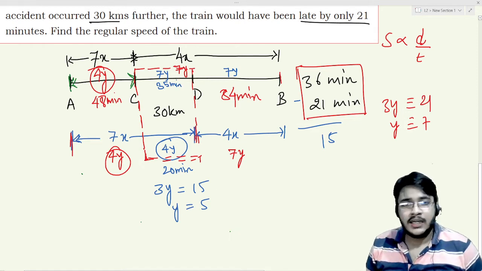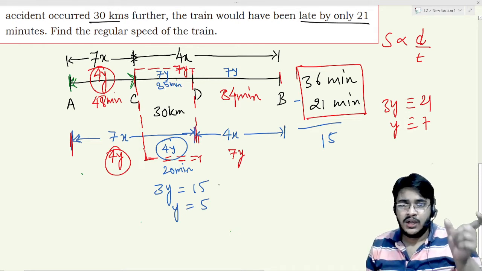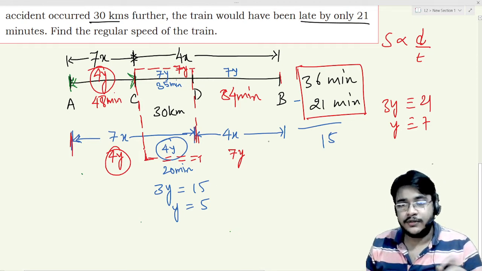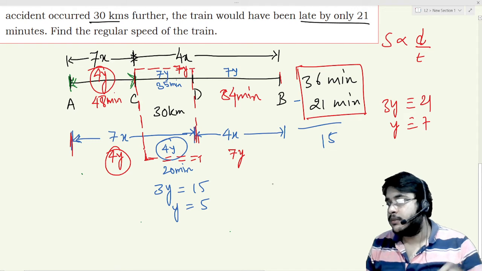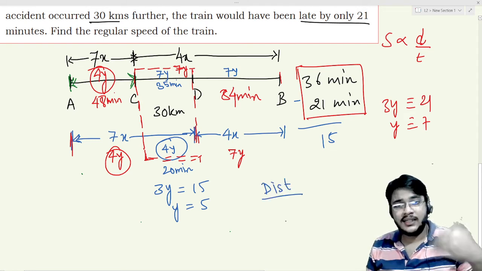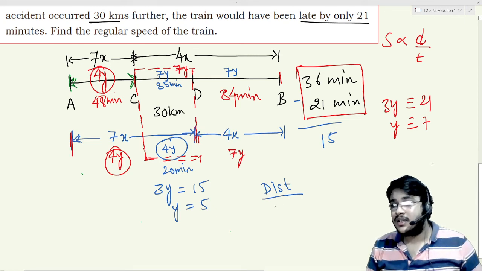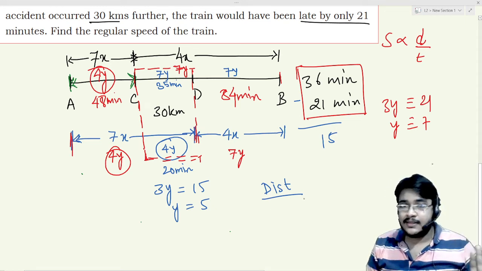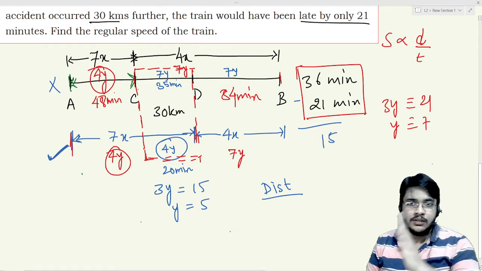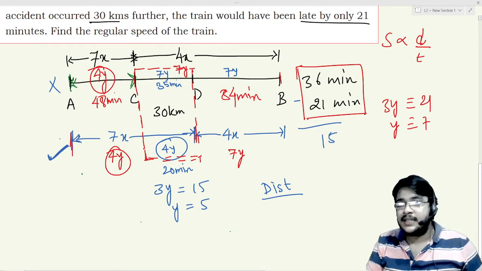Now everything is in front of you. The question that has been asked to you was, what is the regular speed of the train? And the regular speed would be distance covered at the regular speed. Please understand that the regular speed will be taken in this case, not in this case, because here after AC the snag has happened. So let me say this is case number 1 and this is case number 2.